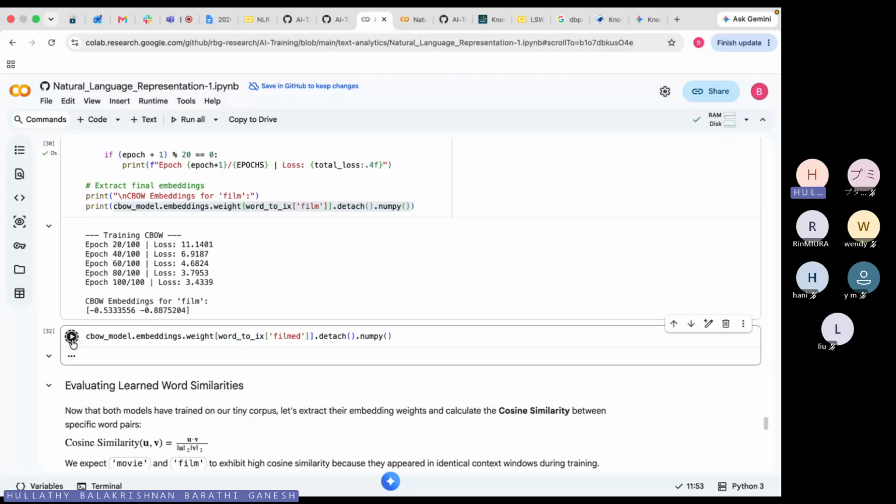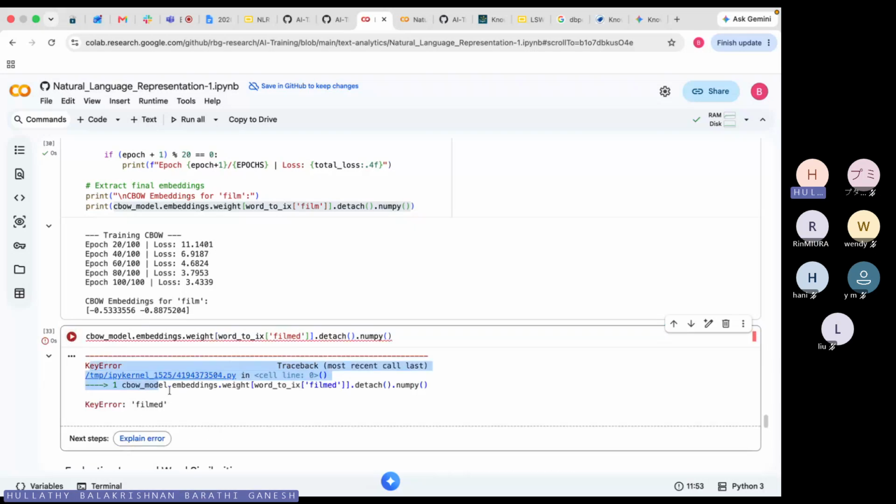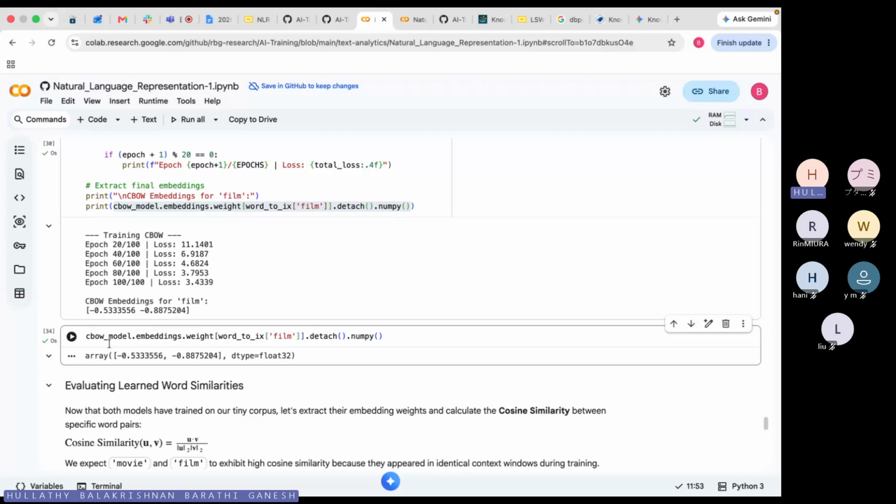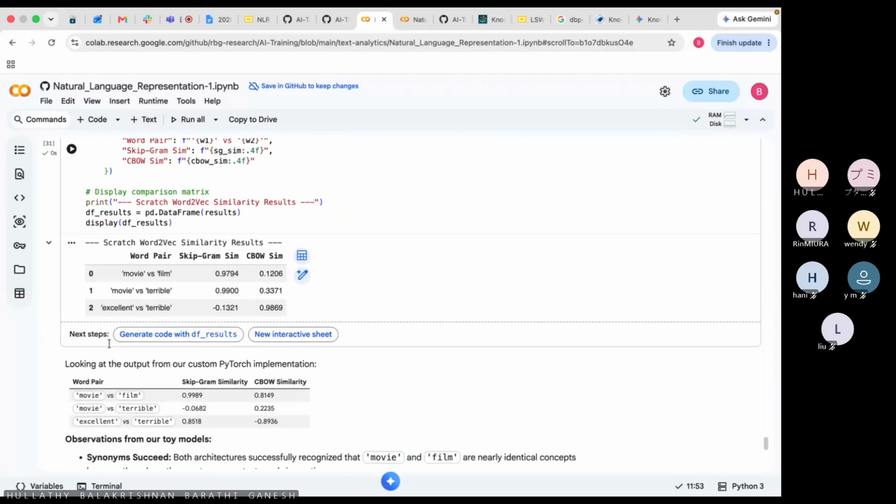When you do this, it will throw an error because this is called out of vocabulary, OOV. So it can only represent the words which it has seen. To avoid that, we can do subword mapping and so on. I would like to cover those in the next session.